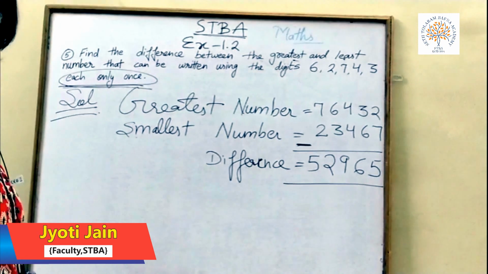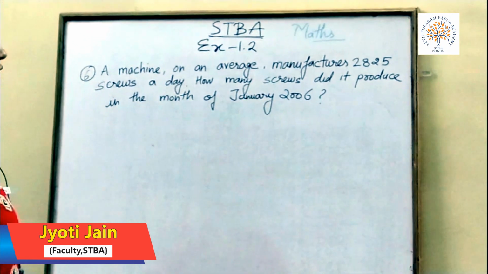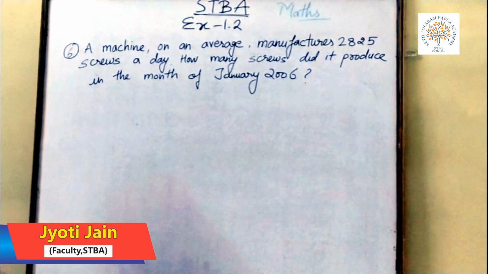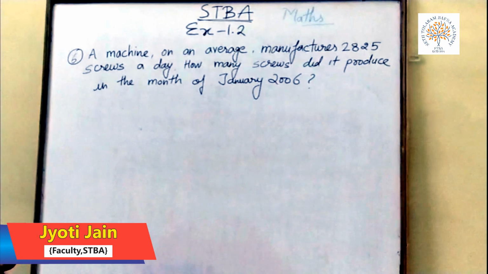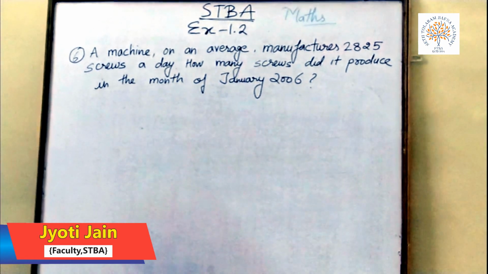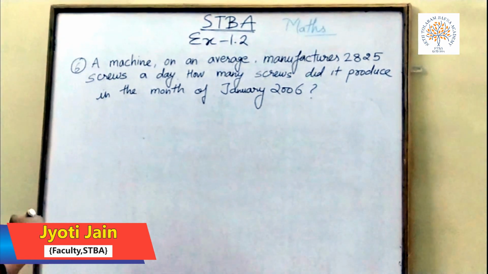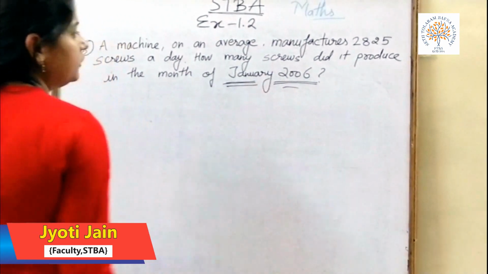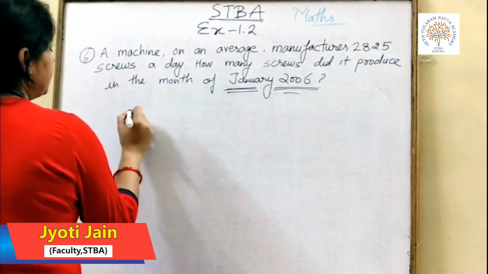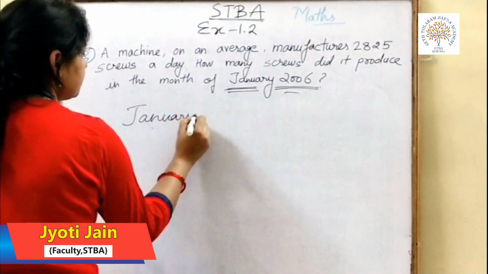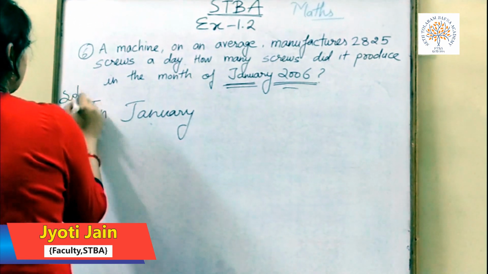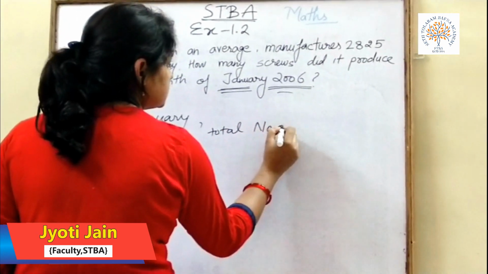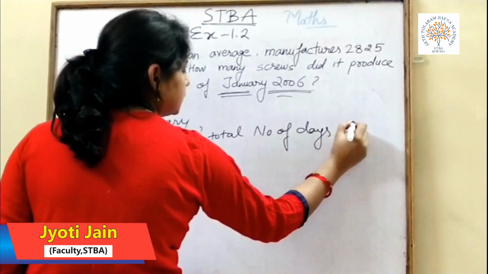Okay? Yes. A machine on an average manufactures 2,825 screws a day. How many screws did it produce in the month of January 2006? So in this question, first of all, see that it is mentioned here, the month of January. So we know, remember this, that in January the total number of days are 31 days.